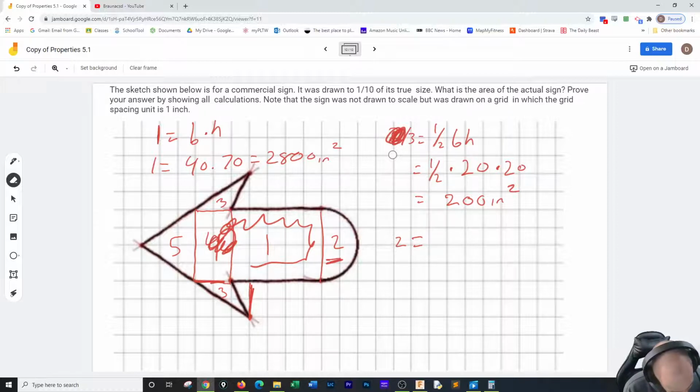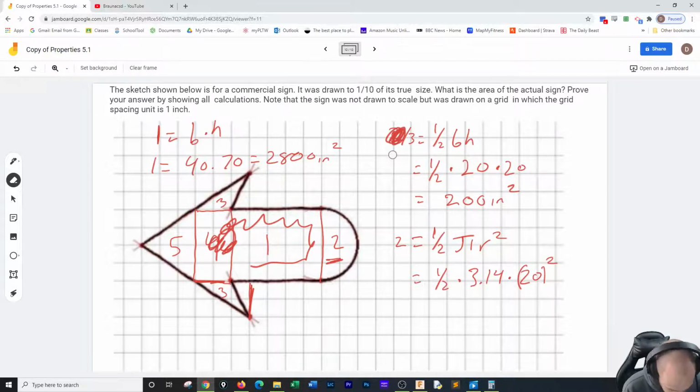That's half of a circle, so this is half of pi r squared, which is going to give us 1/2 of 3.14 times 20 squared.